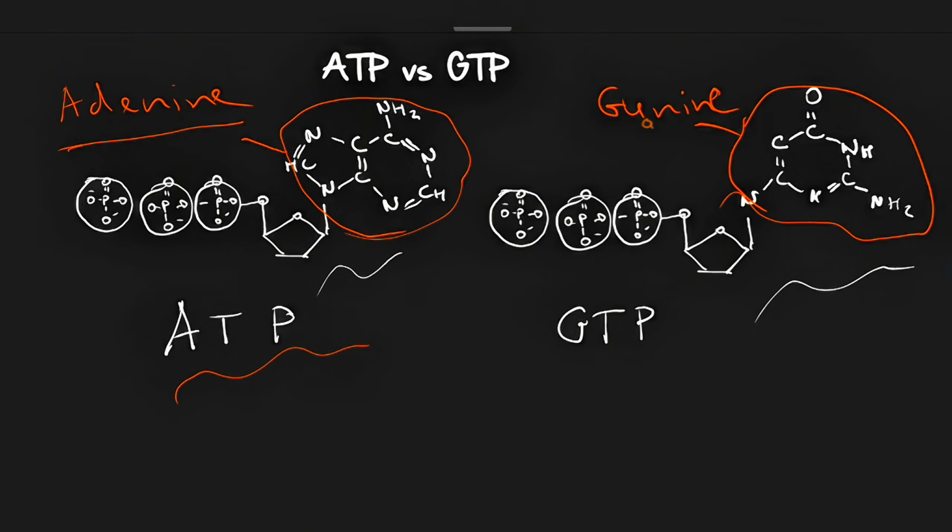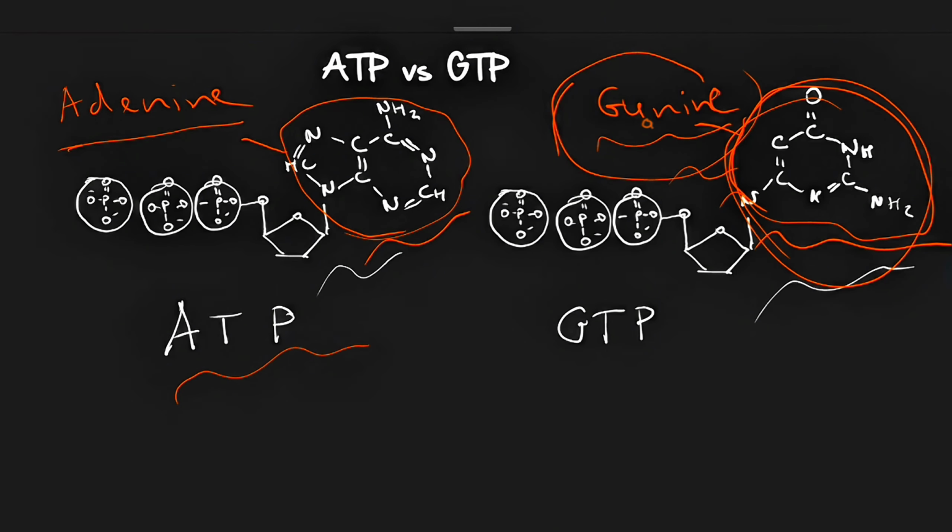And that's the only structural difference between ATP and GTP. So the only difference is that GTP has guanine as a nitrogenous base and ATP has adenine.